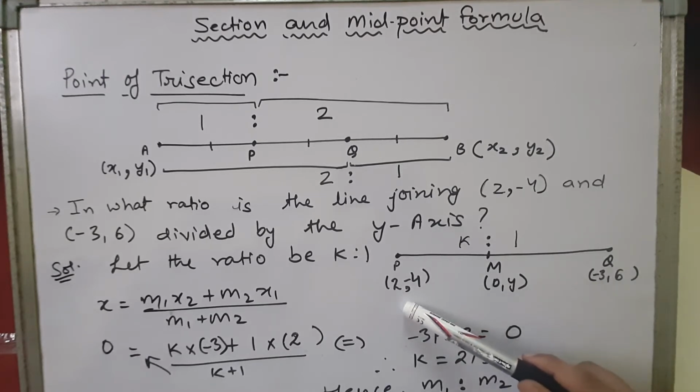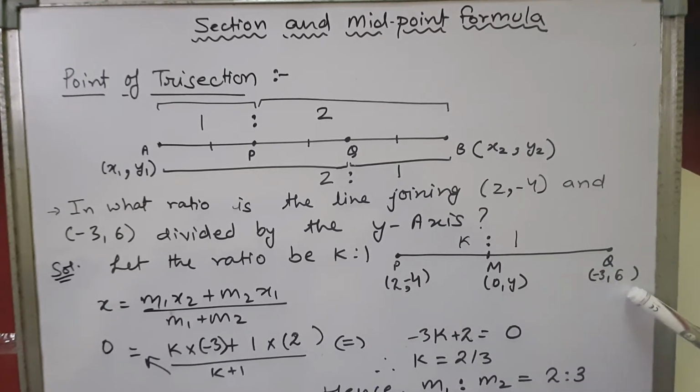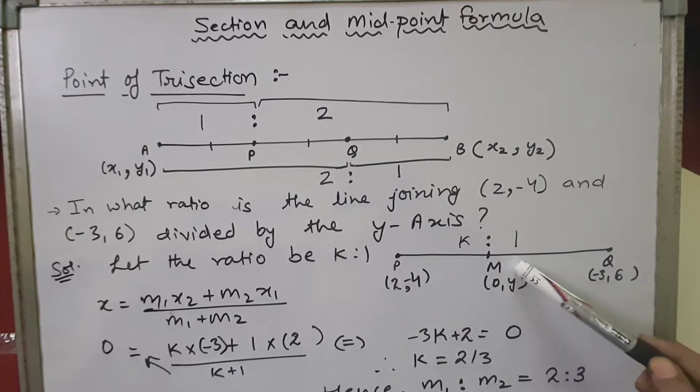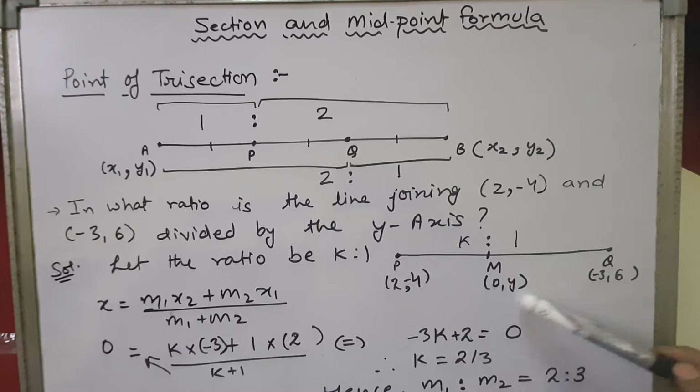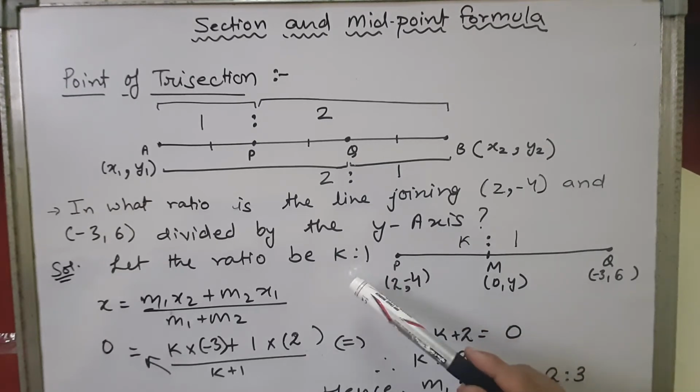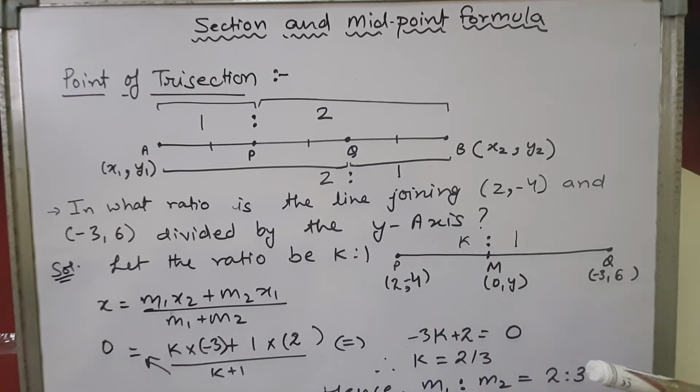That means P has coordinates (2, minus 4), Q has coordinates (minus 3, 6), and there is a point M which is on the y-axis. So the coordinates of M will be (0, y). We don't know the value of the ordinate, but the value of abscissa will be 0 because the point is lying on the y-axis. And we have assumed that the ratio by which M is dividing PQ is k is to 1. So we apply the formula for abscissa: x equals (m1 x2 plus m2 x1) upon (m1 plus m2).